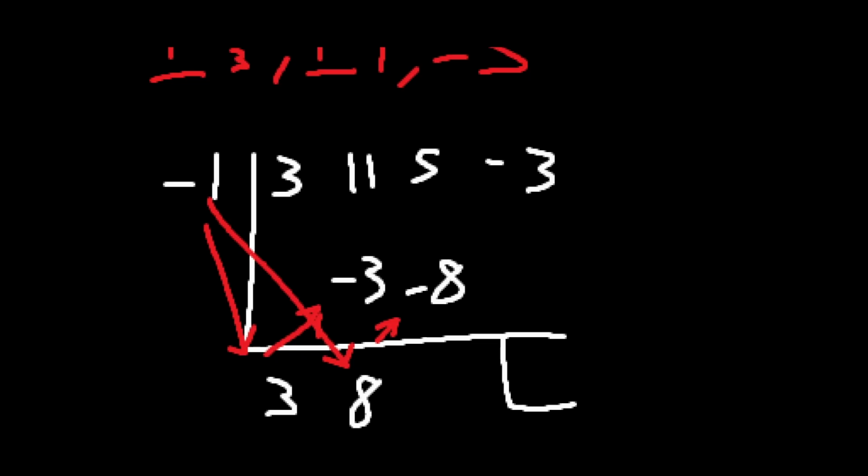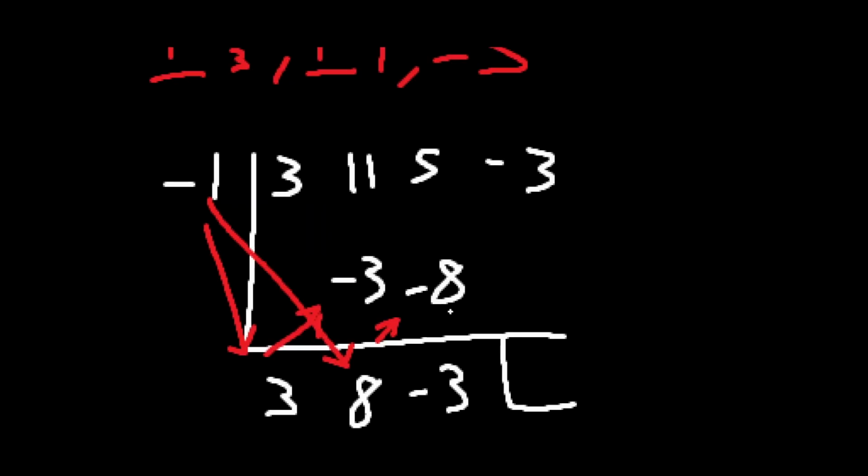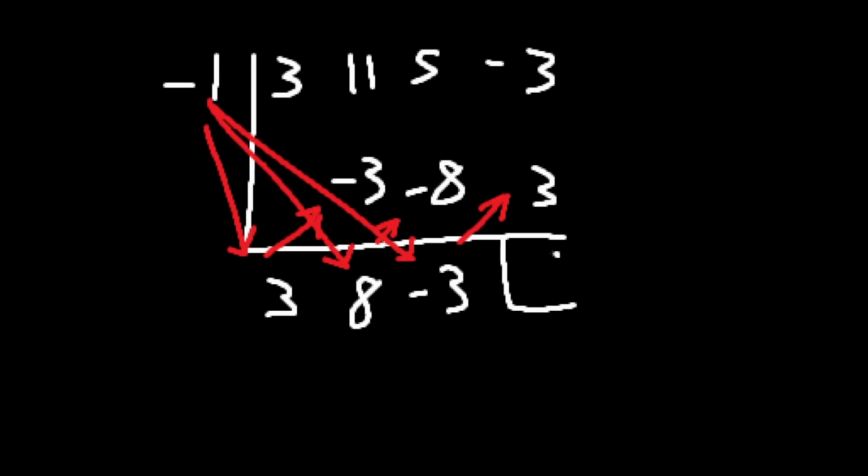So now it's over here. 5 minus 8 should be -3. I'm doubting myself. Don't know why. And then -1 times -3 gives us +3. We bring it up here. -3 plus 3 is 0.